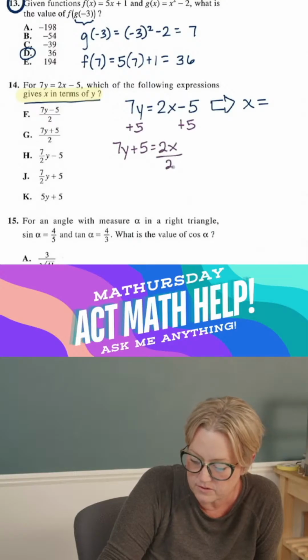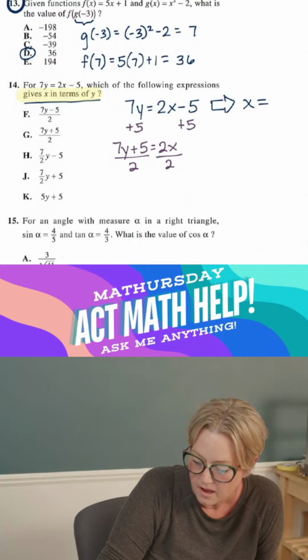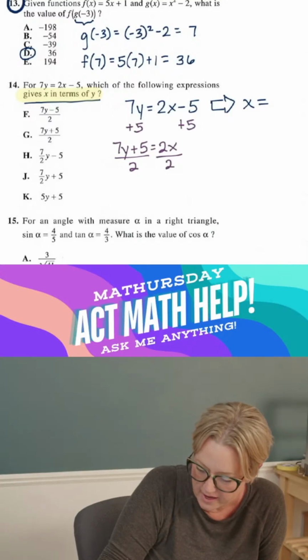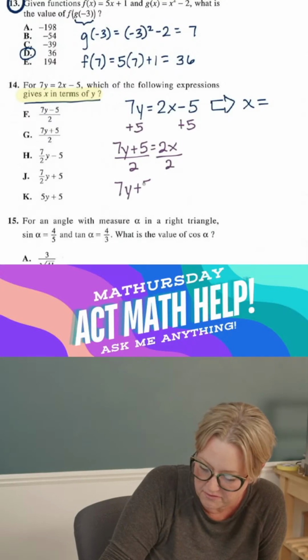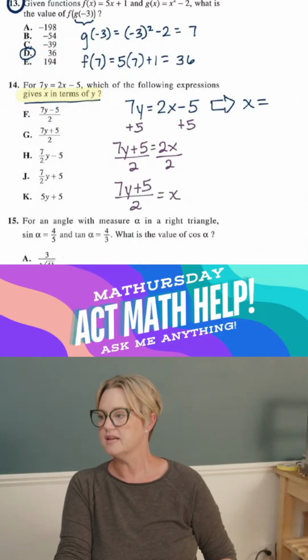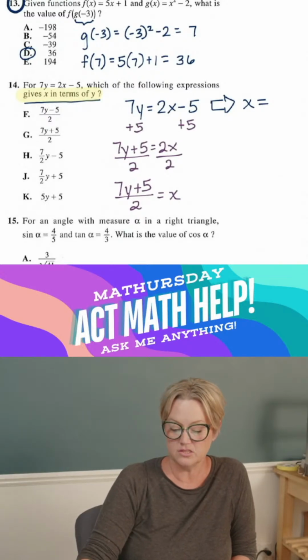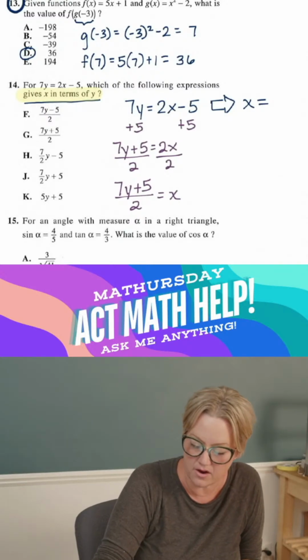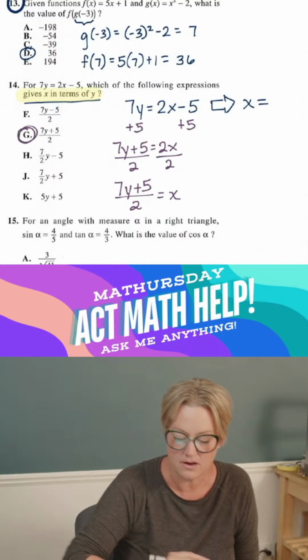Then I would divide both sides by 2. Then I'm going to flip the whole thing. Well, I don't really have to. So (7y plus 5) over 2 equals x by itself. My answer right here is G.